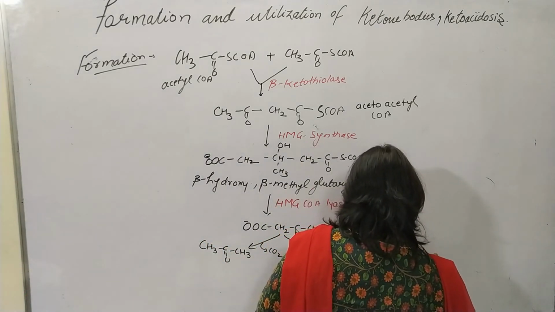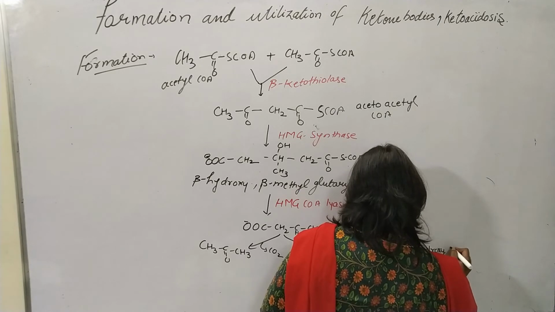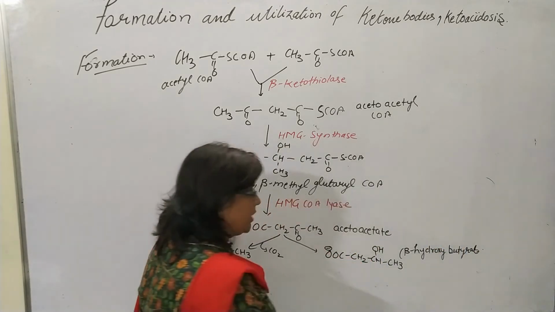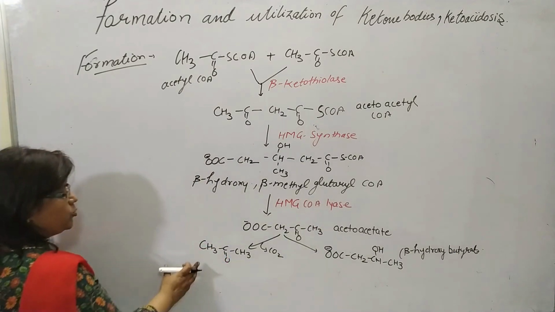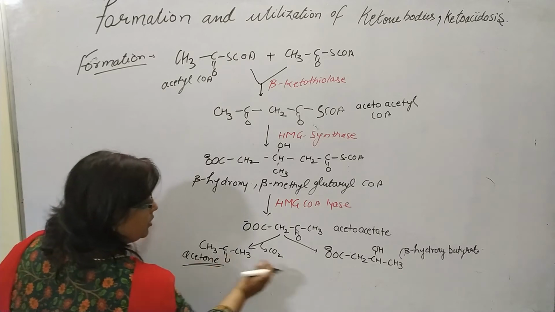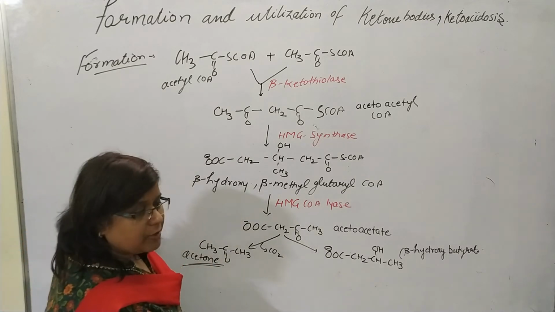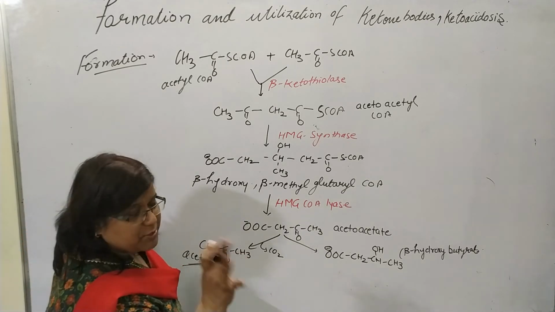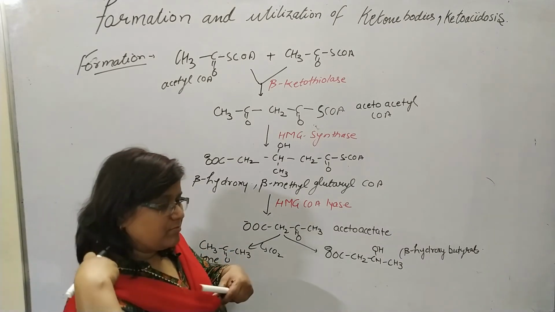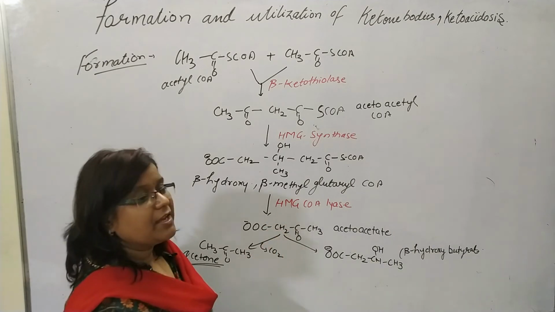So here the two compounds are acetone, which is one kind of ketone body, and beta-hydroxybutyrate, which is another kind of ketone body. Sorry, if by mistake I said antibodies, I apologize for that.